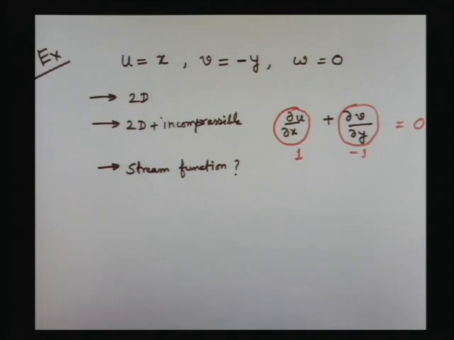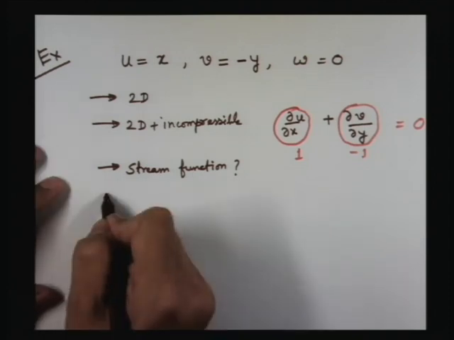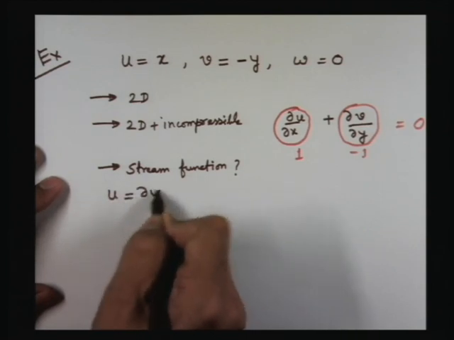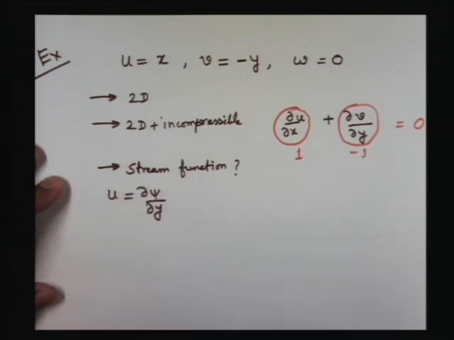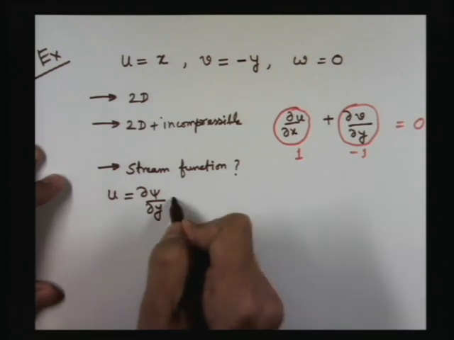To calculate the stream function, we use the definition u is equal to del psi del y. That is equal to x.